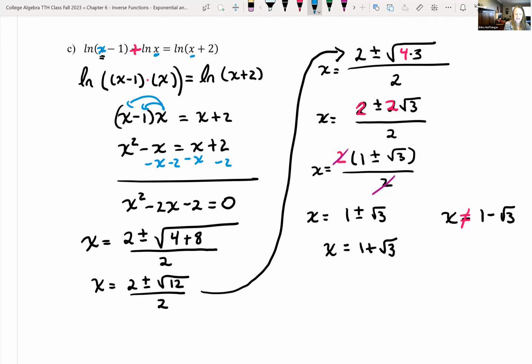And on the other side, 2 point something plus 2 is positive, so we're okay. So our solution here is only one of the ones that we got, which is x is equal to 1 plus square root of 3.